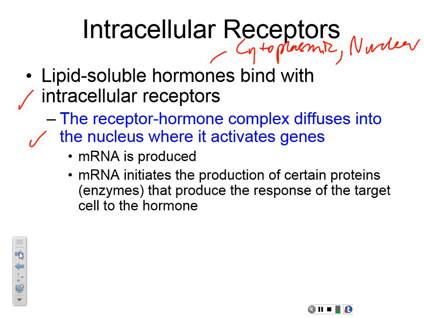Okay, so these are lipid soluble, and therefore the hormone has always got to be attached to a protein in an aqueous environment. So can anybody try to suggest a reason why you have a cytoplasmic and a nuclear receptor? Why not just have one receptor stationed in the nucleus, since that's where they all go to anyway?